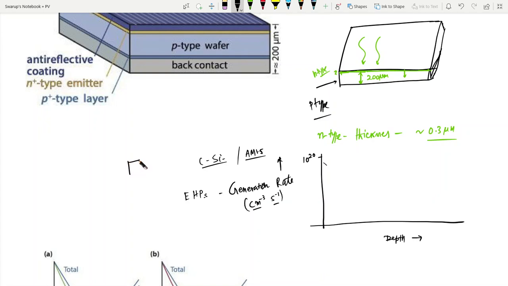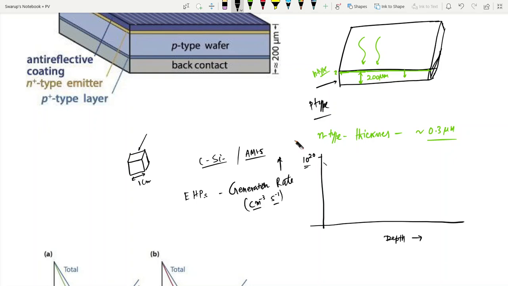Just for your imagination, take a cube where each side is 1 centimeter. In this volume, it is producing 10 to the power 20 electron and hole pairs per second.